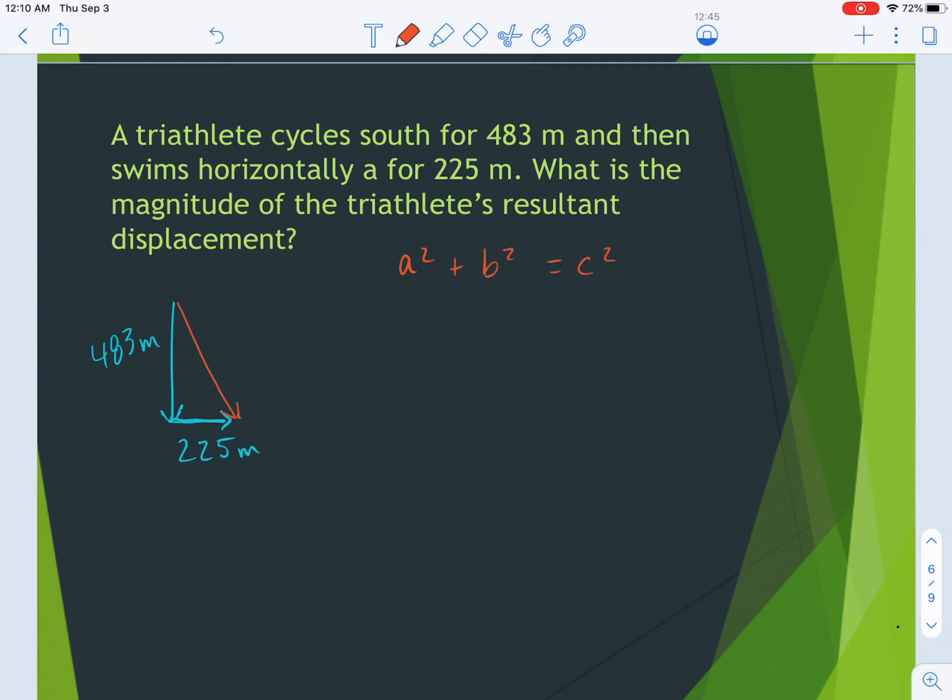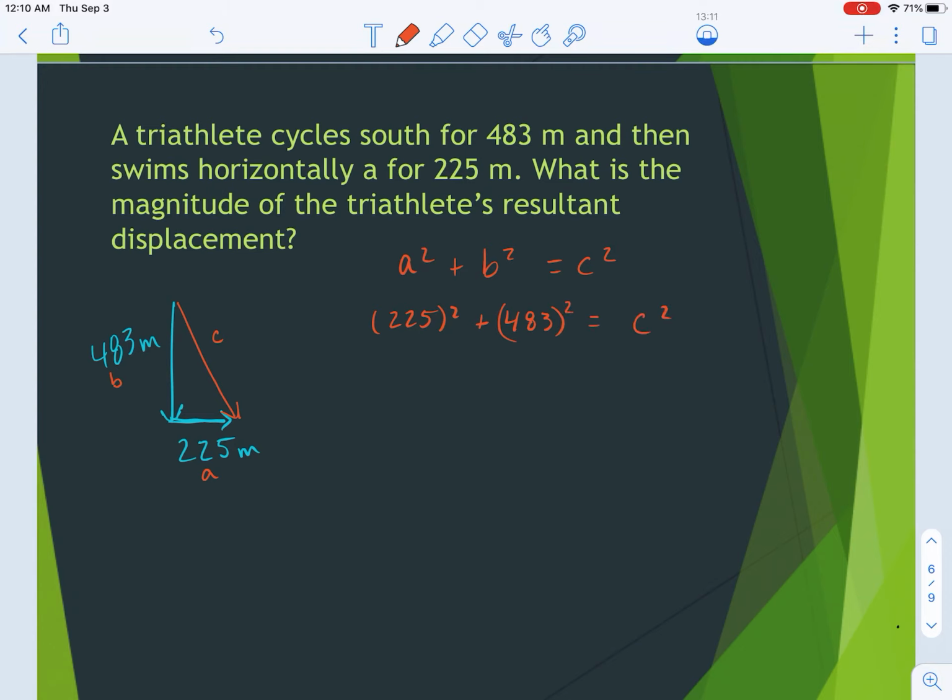That is my Pythagorean theorem. My A side would be my 225, my B side would be 483, and then my C side is always my hypotenuse.